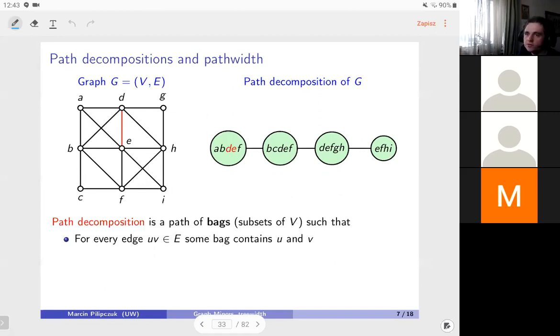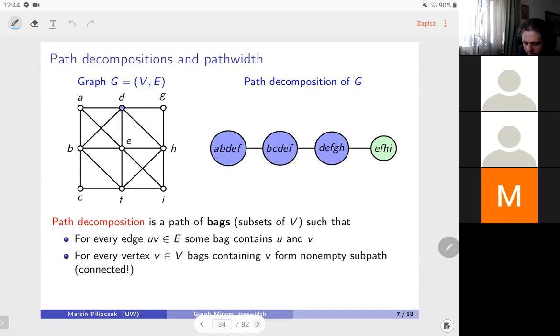Okay, and now you want to encode this property that whenever there's an edge in the graph, two intervals overlap. That means that whenever there's an edge, these two vertices need to appear together in one snapshot, in one bag. And every vertex gets an interval, so a vertex appears in a consecutive subsequence of snapshots.